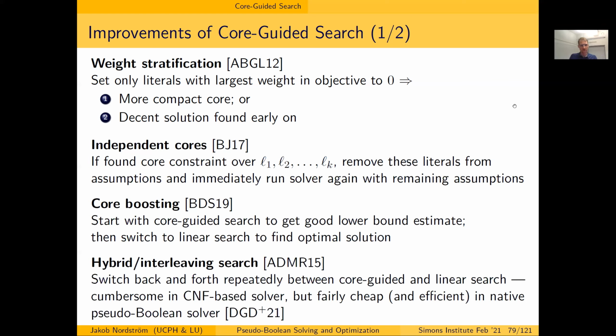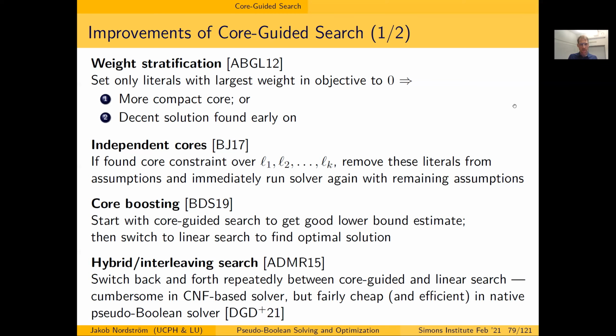A more refined idea is to interleave core guided and linear search, so that you would start doing maybe core guided, then switch to linear search for a while, then switch back to core guided search, then again do linear search. Now, this apparently is not done much in MaxSAT solvers. My understanding is that the reason is that all of these steps I described, with updates of the objective function and rewriting, operate on pseudo-Boolean constraints.